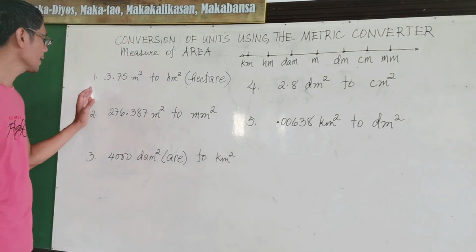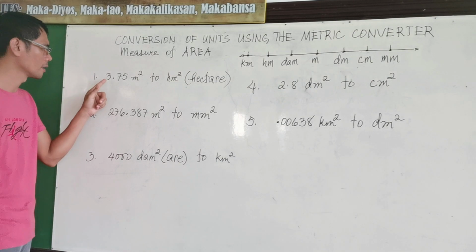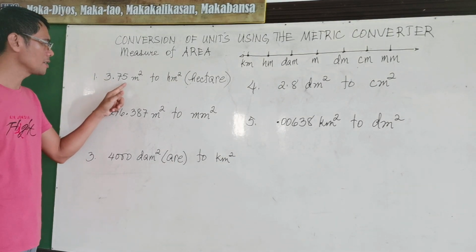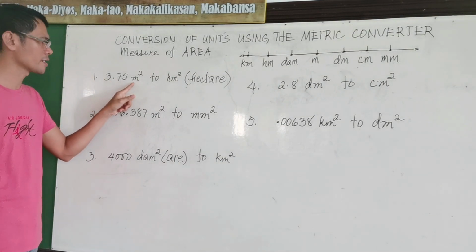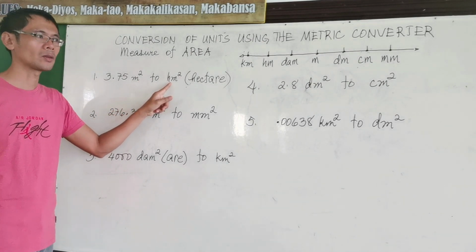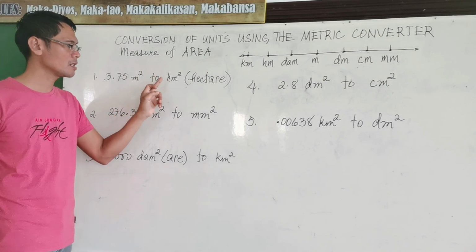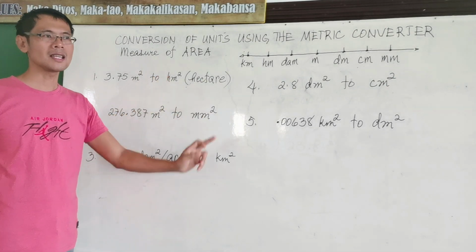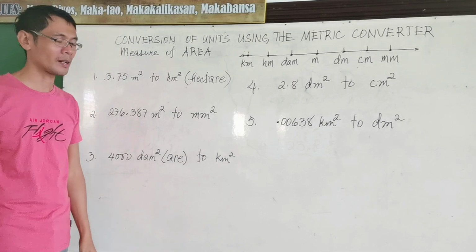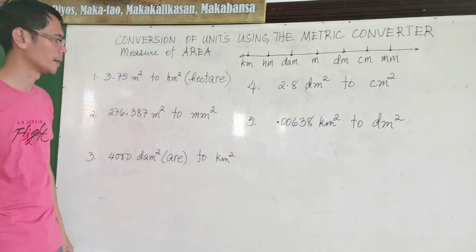Okay. Let us try to consider example number 1. 3.75 square meters to square hectometer. Our square hectometer or HM square, that is what we call our hectare, or that is equivalent to hectare.